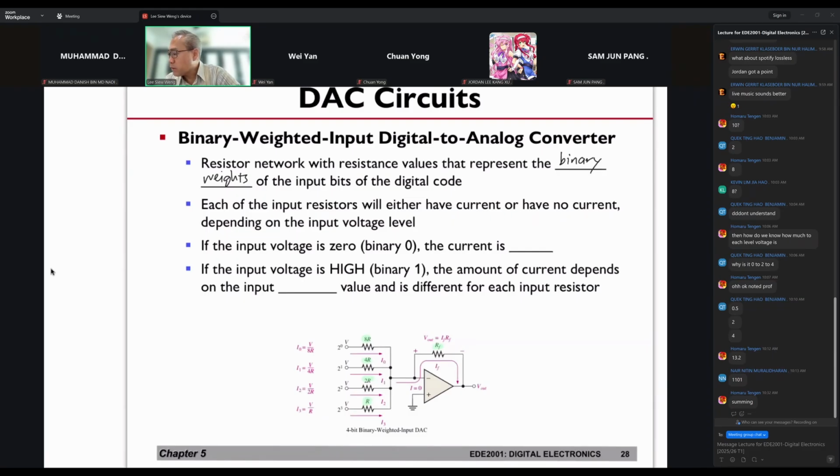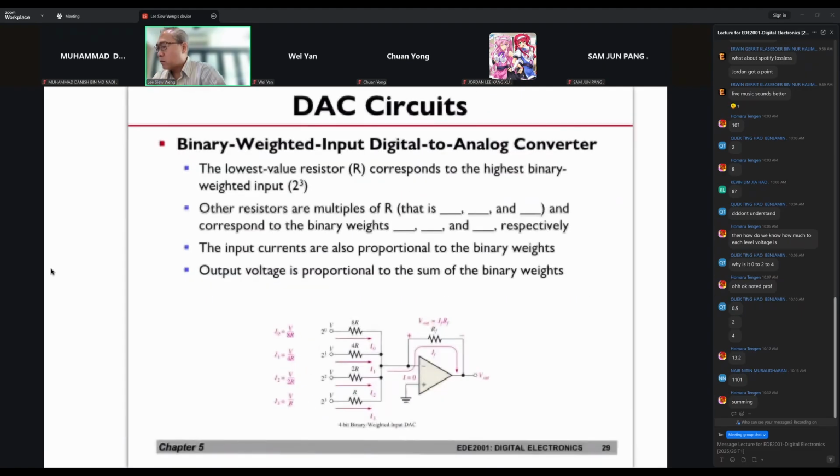For example, if this is 1001, there will be current from here and here. Those with input of 0, there will be no current. If the input voltage is 0, the current is also 0. If the input voltage is high, then the amount of current depends on the resistor value. That's how you get your voltage value.